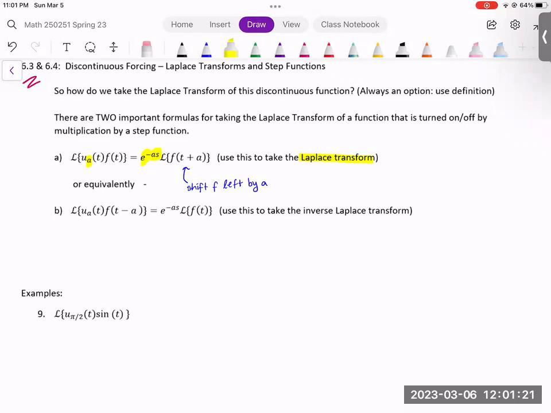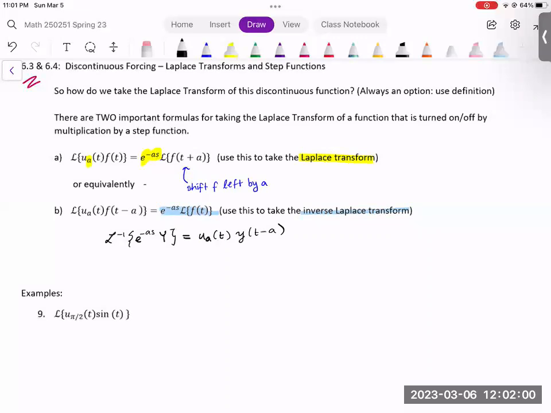Or if we want to go backwards, we're going to use this other formula because it has a nice, simple right-hand side. This says that the format that we're often going to write it in is if you have e to the negative as times Y, this is going to be equal to u_a of t times y of t minus a.